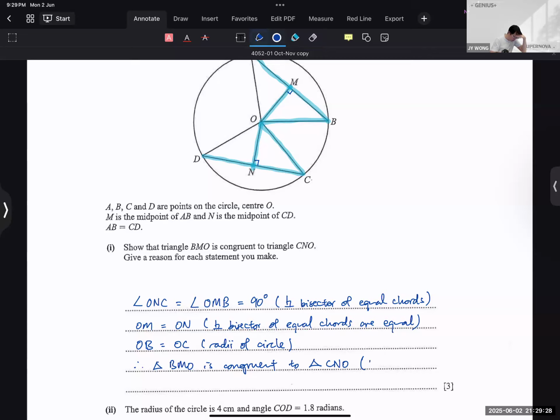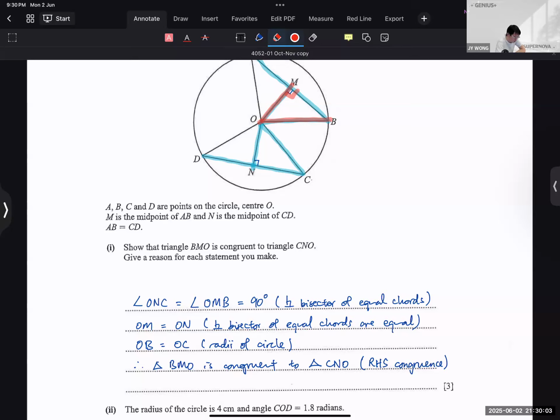This is RHS: right angle, hypotenuse, and one side. This is RHS because I use this length and this length and the right angle. So it's not SAS. There is no SSA congruence one, please.